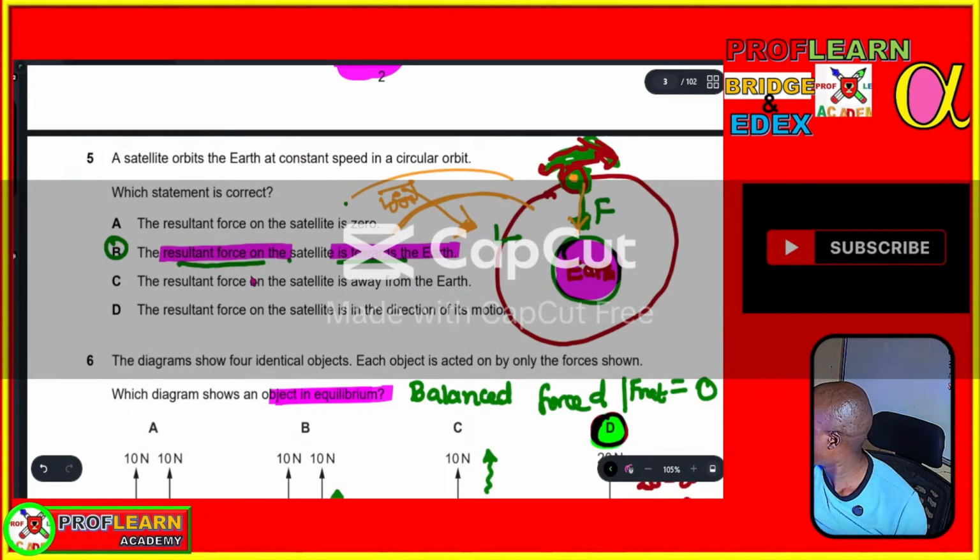For a satellite going around the orbit, it is going to be the gravitational force. In that case, that force is going to be directed towards the center. So we're going to say the resultant force is toward the center of the earth.